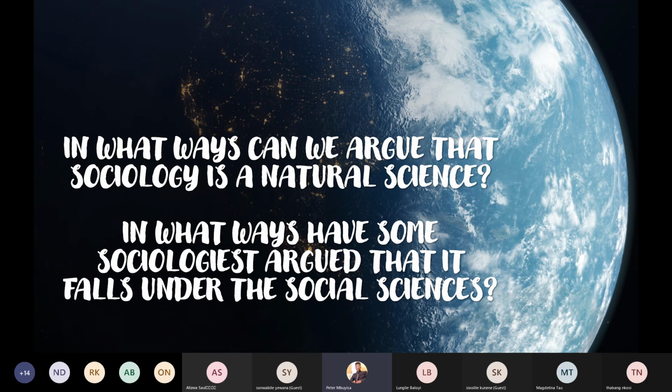We look at how the economy influences individuals, and economics falls under the social sciences. We look at how politics affects individuals in society, and political science falls under the social sciences.